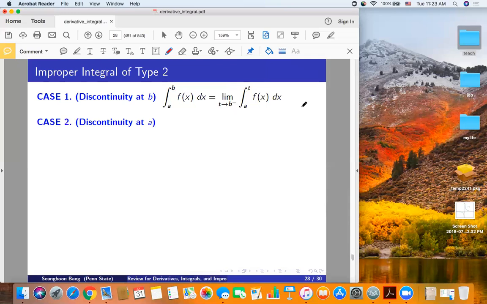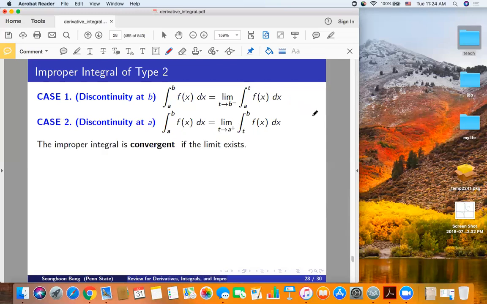The second one, discontinuity at a, is the same. Replace the discontinuous point by t, where t approaches a from the right. Why is this true? The same reason. This is a, this is b. You choose t approaching the discontinuous point from the right. The improper integral is convergent if the limit exists. The improper integral is divergent if the limit does not exist.